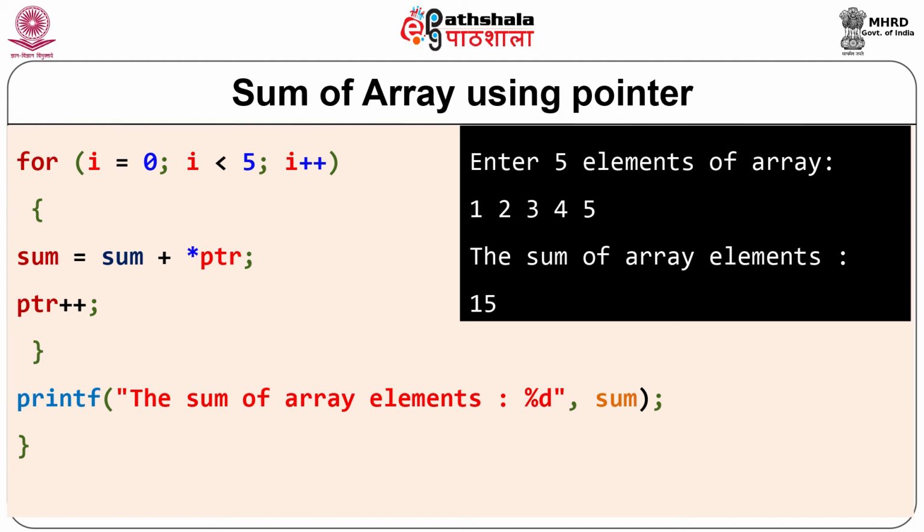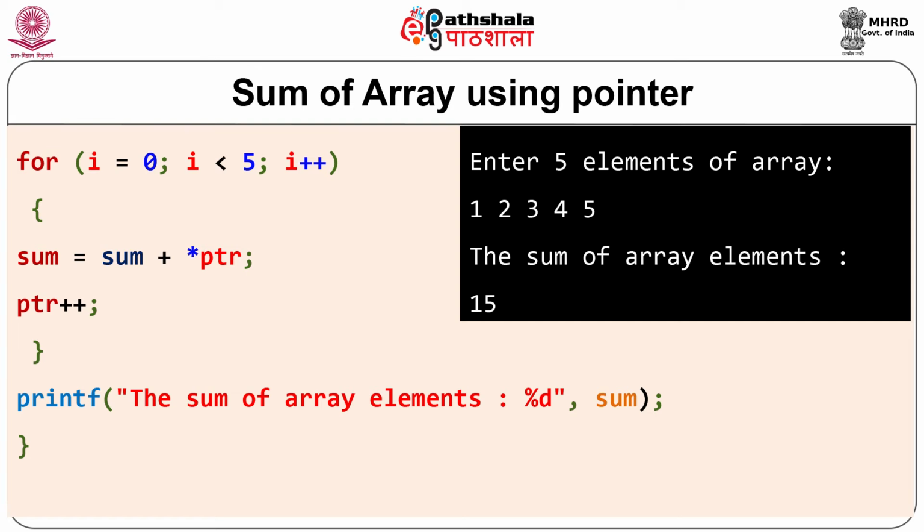In the previous slide we have seen this, how pointers can be written in terms of array or array can be written in terms of pointer. Next statement, that is for i = 0; i < 5; i++, and under this for statement we have the body of the for loop like sum = sum + *pointer and pointer++.